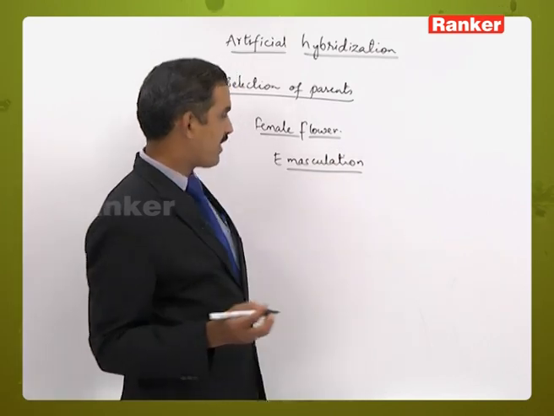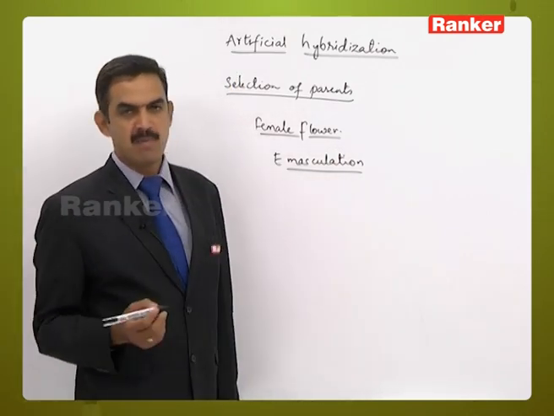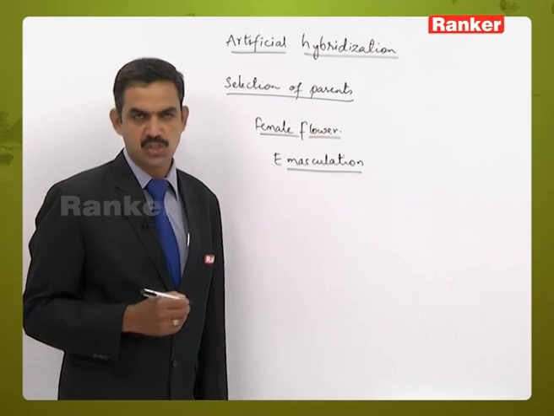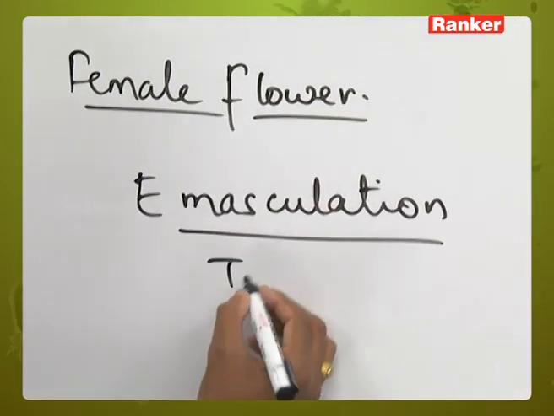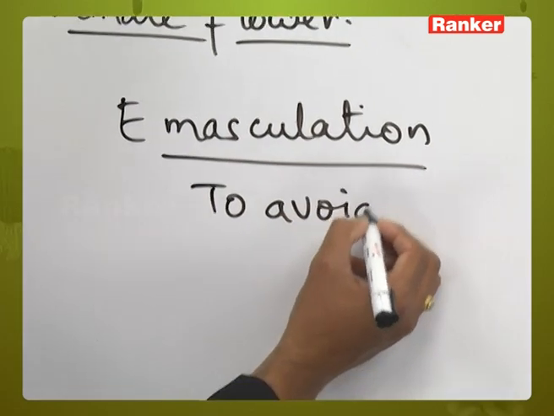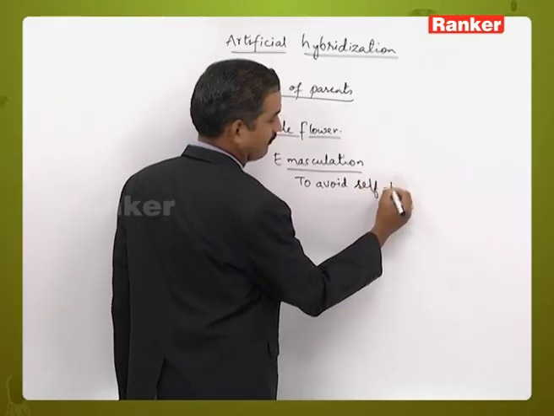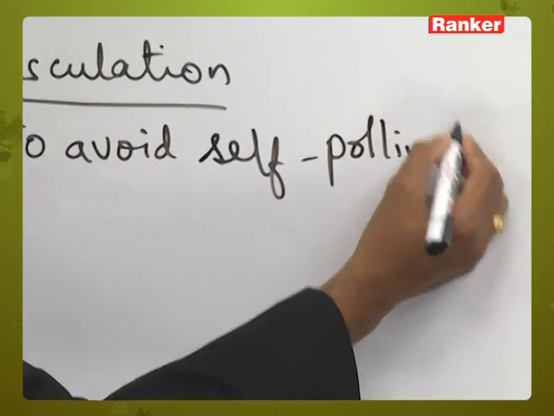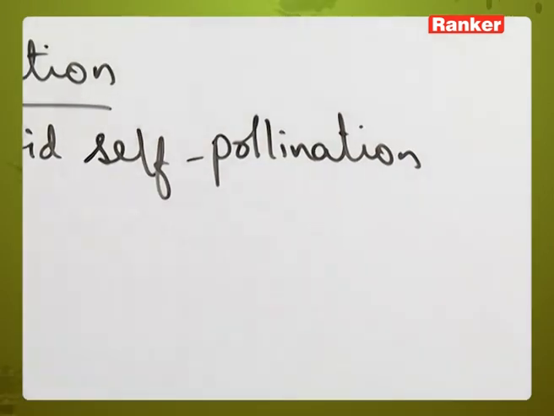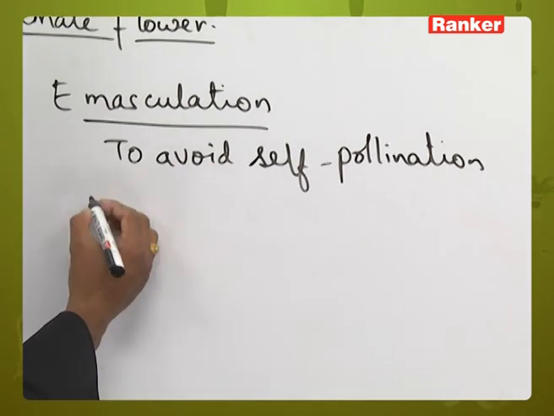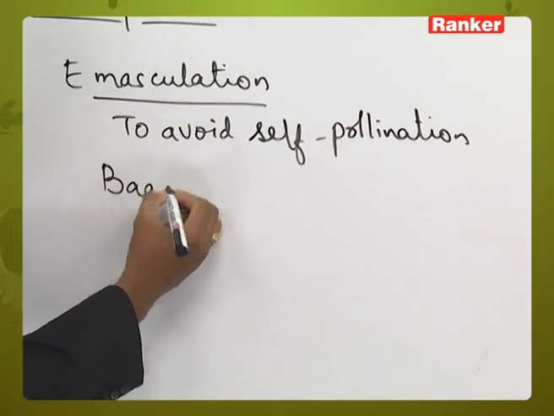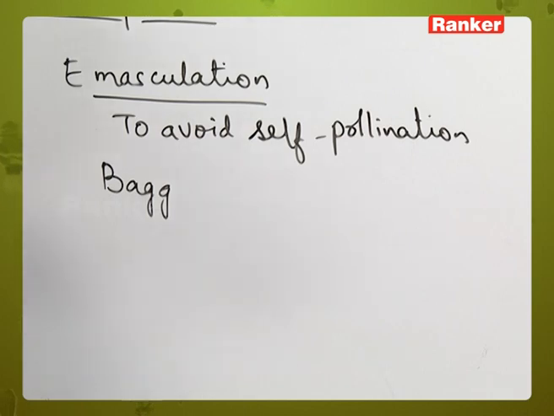So, what is the need for emasculation? As the female parent contains bisexual flowers, there is a possibility of self pollination. So, to avoid self pollination, emasculation has to be done. After emasculation, we now consider it a female flower.